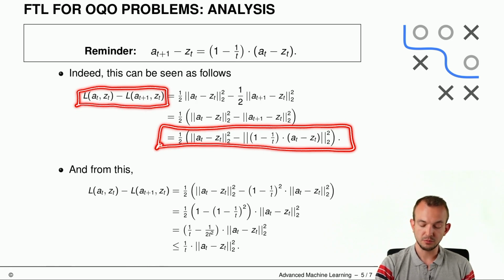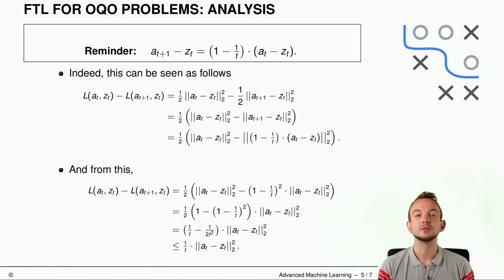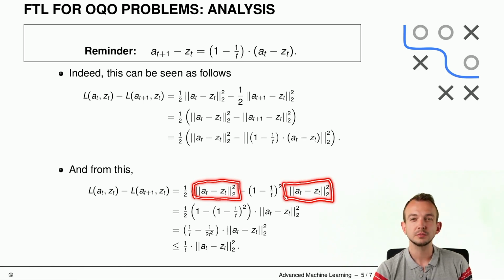Now we can further manipulate this expression here, and we will start by using this 1 minus 1 over t expression, that this is simply a scalar, which we can pull out of the squared Euclidean norm here, and we have to be careful and not forget that we have to square it. But this is essentially what was done here. Okay, and then what we can do is we can take a closer look at what we have here, and voila, we have here 2 times the same term.